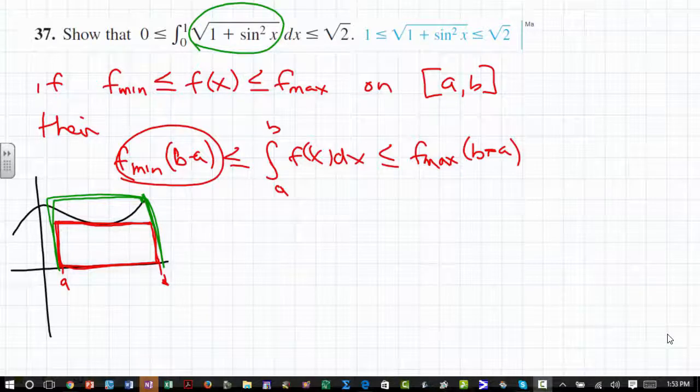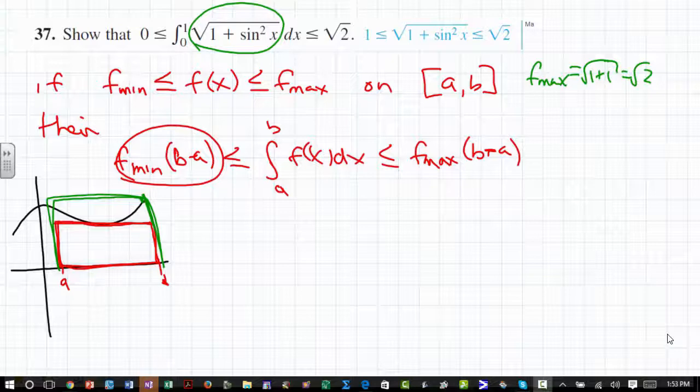The camera can't pick that up. f max is equal to the square root of 1 plus 1, which is equal to the square root of 2. Which means that this integral must be smaller than the square root of 2 multiplied by the distance b minus a, which is 1.